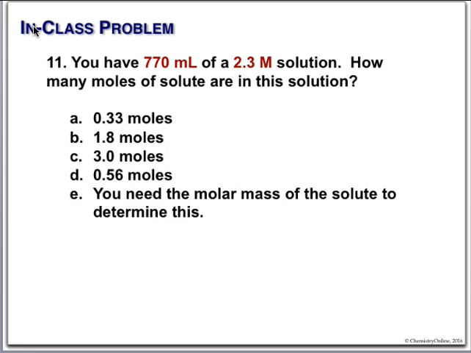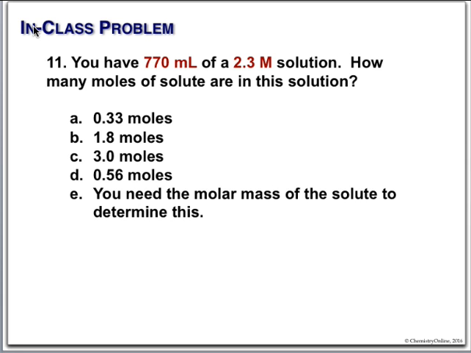All right, we have a 2.3 molar solution, and we have 770 mils. How many moles of solute, that is, whatever this is, how many moles of it are in this solution? Now, everybody should instantly be saying to themselves, we have concentration and volume. That gives us moles, doesn't it?